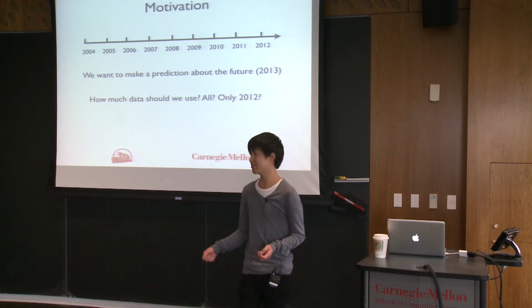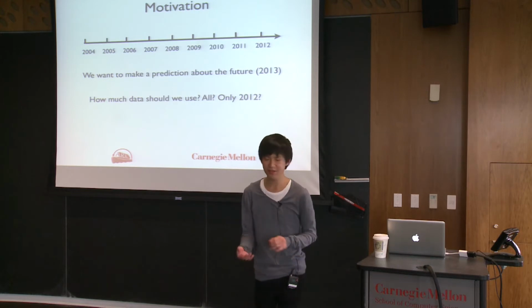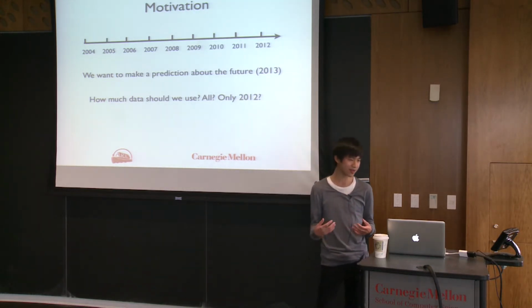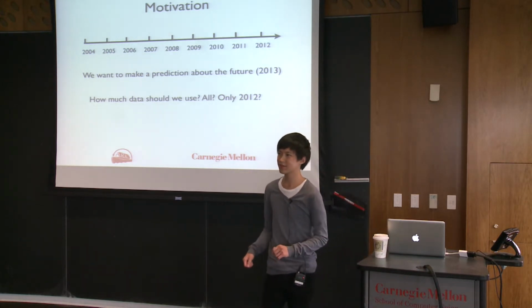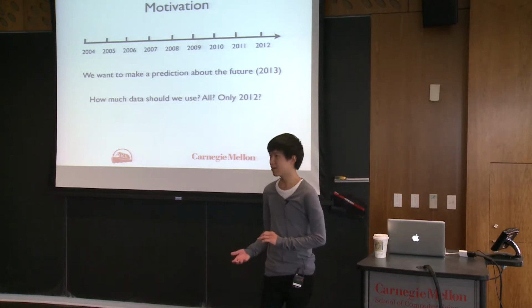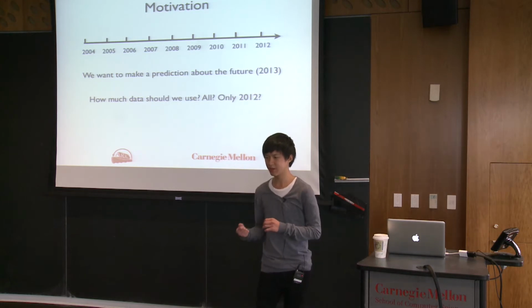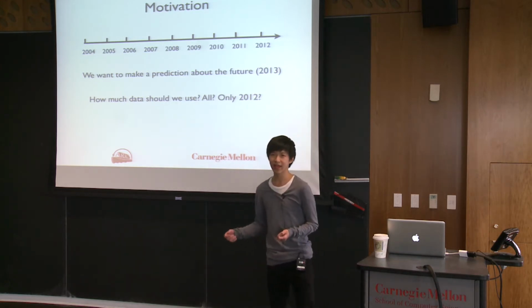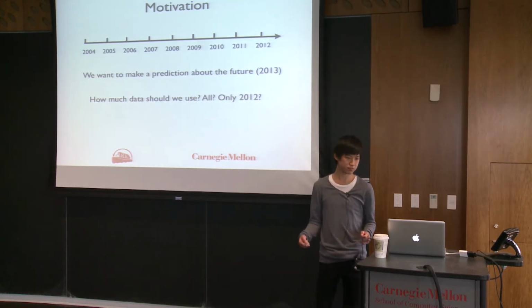Of course we can use the entire data set, because more data usually means a better model for standard tasks. But we can also argue that it's better to just use the last year of our training data, because it's more recent and probably more relevant to the prediction. Data from 10 years ago, for example, probably is just not relevant at all.